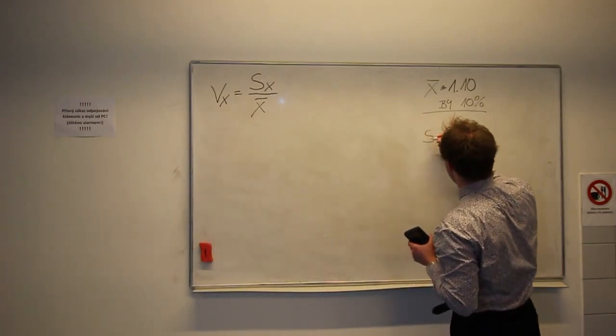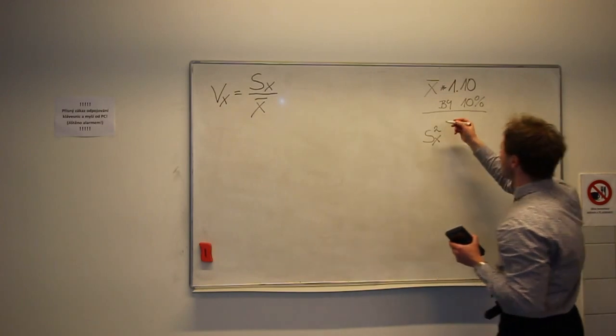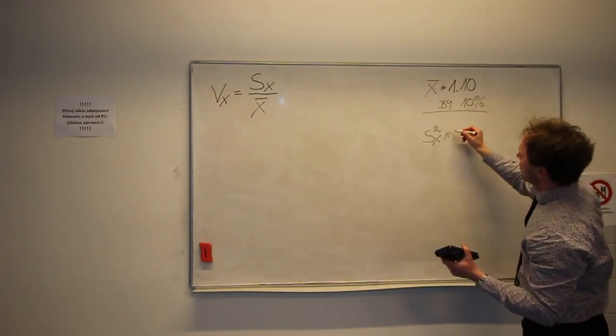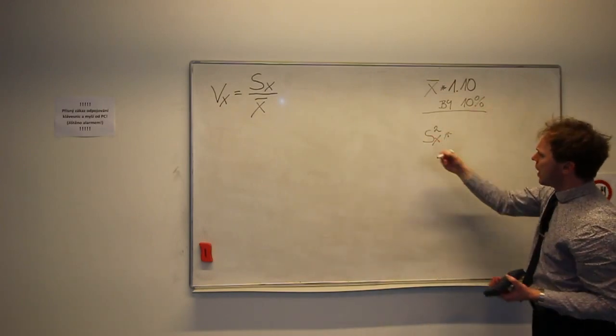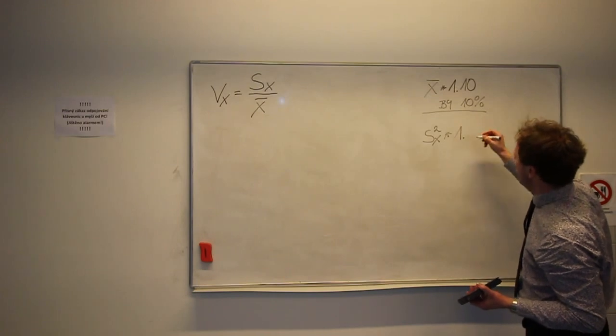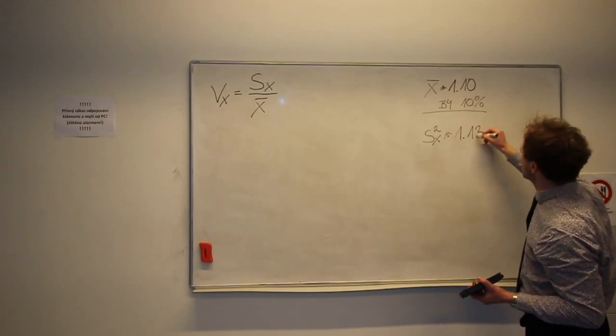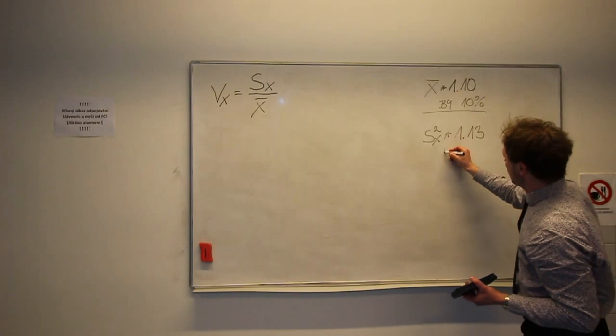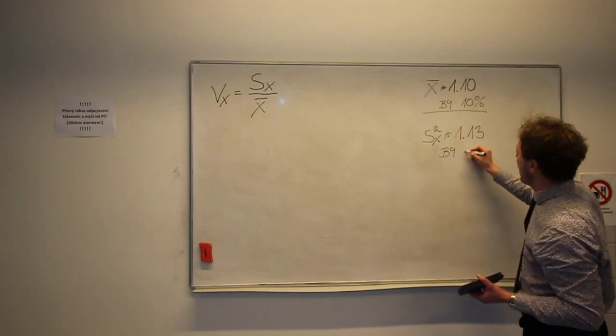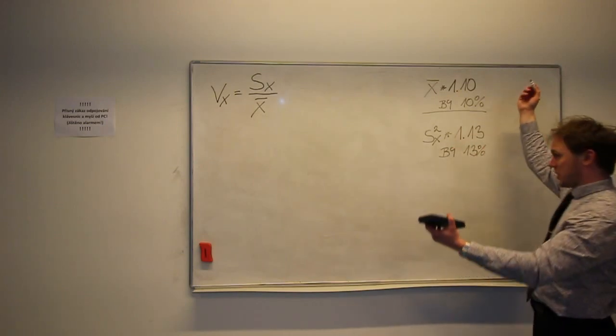The variance is sx squared, and it increases by 13%, so the variance will be multiplied by 1.13. This is an increase by 13%.